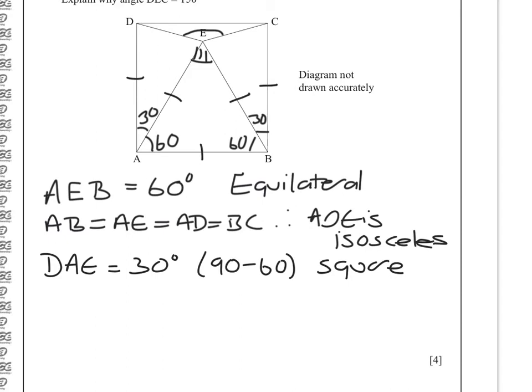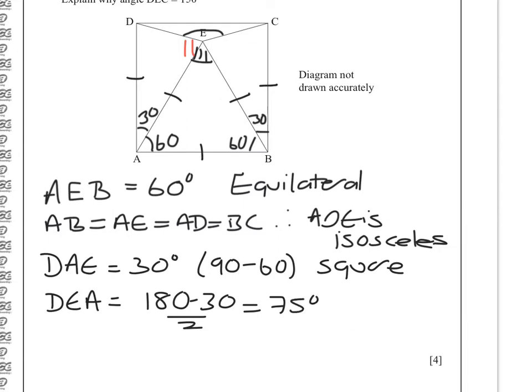That means that the angle here, which is DEA, will be 180 minus 30 divided by 2, and that's because it's isosceles. So that is 75 degrees. We can say the same for BEC.